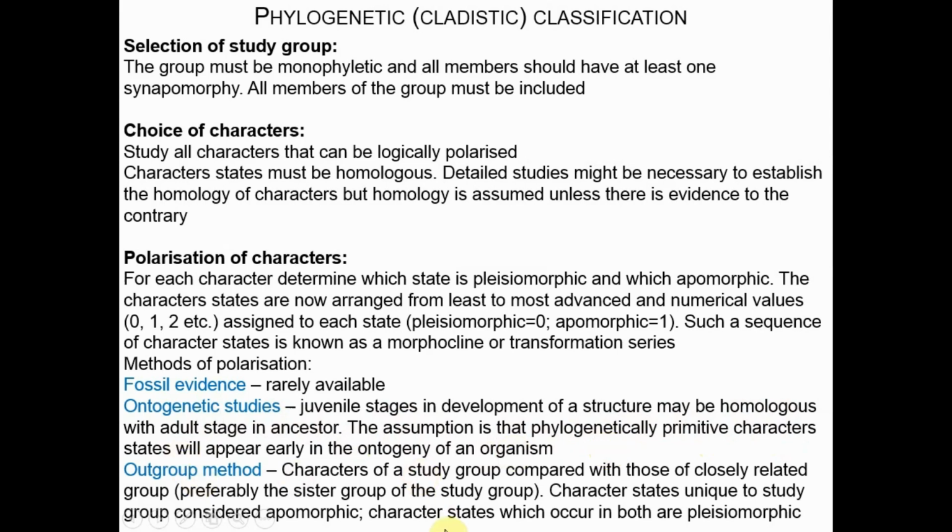But what we are going to use is the outgroup method. Characters of a study group are compared to a closely related group, and this should ideally be the sister group to the study group. We then assume that states unique to our study group are apomorphic, and states that occur in the outgroup and in our study group are plesiomorphic.